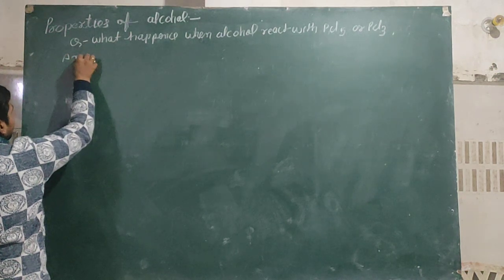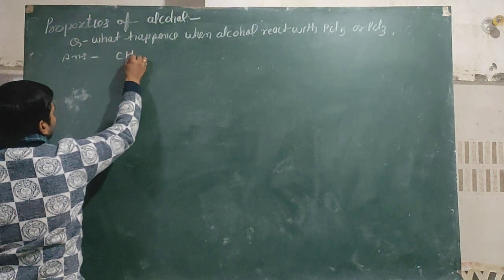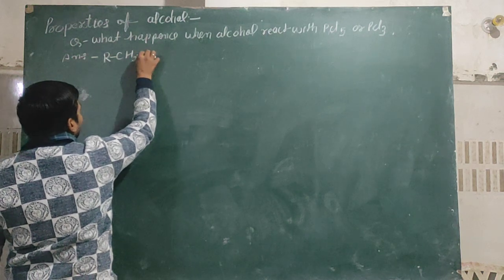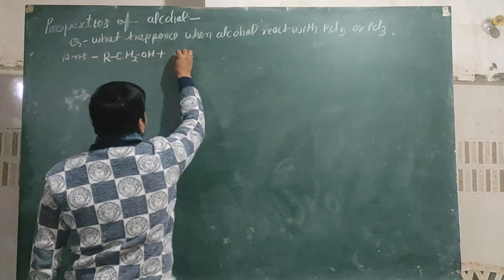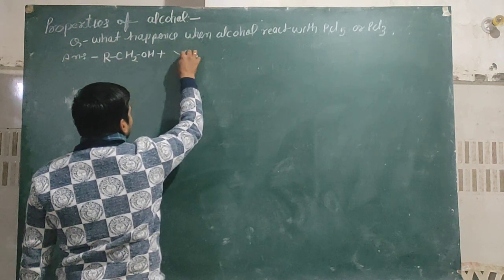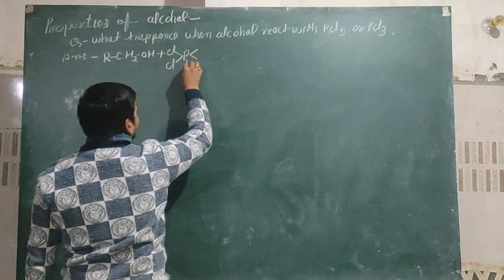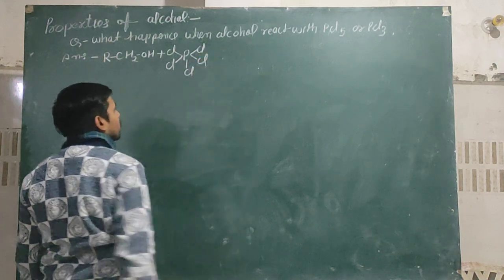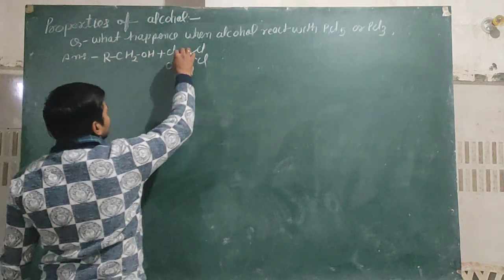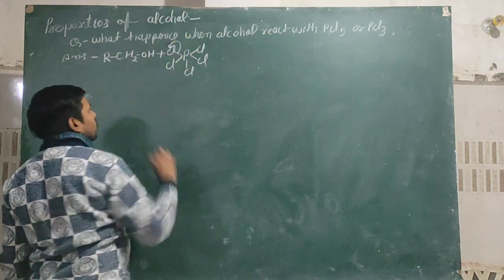The answer is that when an alcohol like RCH2OH reacts with PCl5, the chlorines are directly bonded with the phosphorus atom, but due to their high electronegativity, this bond breaks toward the chlorine atom.